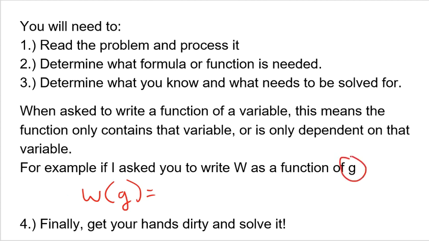The g is what goes into the function. So on the right-hand side, I could have numbers and g, no other variables. I can't have a t or an s or a q. I could have numbers like 2, 4, 6, or 7, but I also could have g's. So when you're saying, write w as a function of g, it means I only want g to be in the formula. So you have to make sure you understand that.